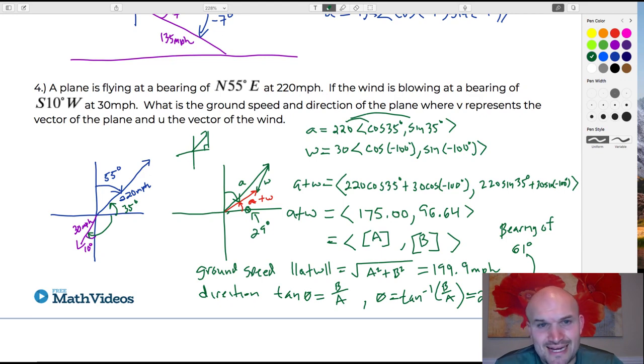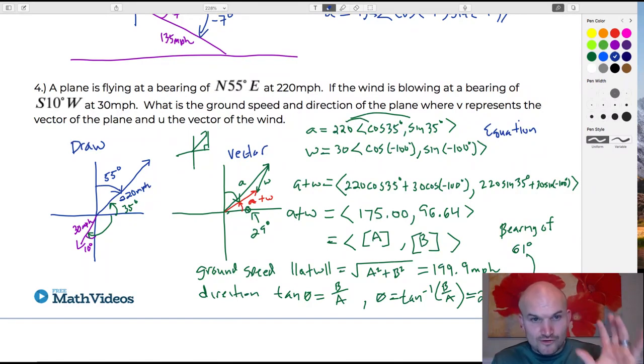But I would say, Zarif, for any word problem, here's the main thing you need to do. Draw the problem, create the vector, create the equation. This is basically for all word problems on vectors. Draw the situation, draw the vectors, create the equations. Now, once you've created the equations, you have to understand what the problem is asking.